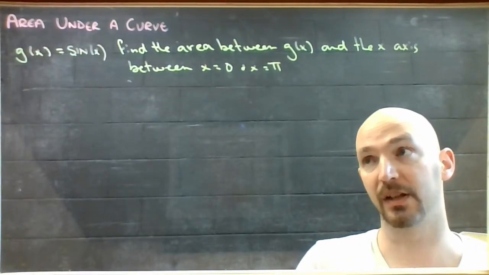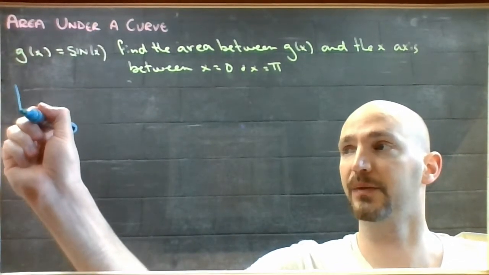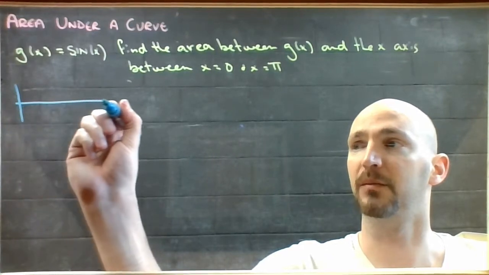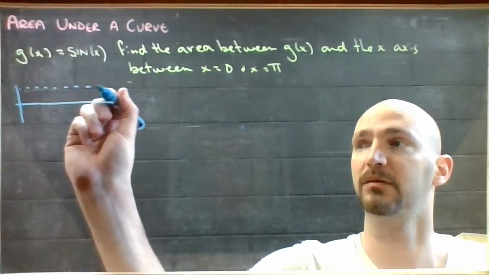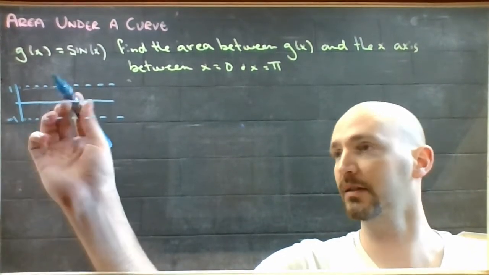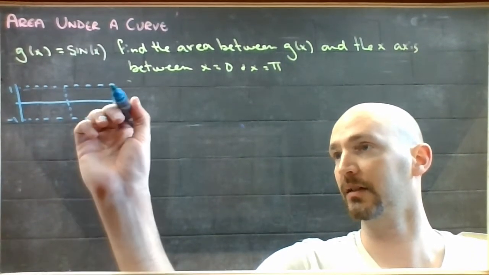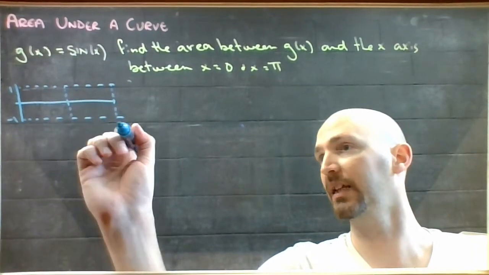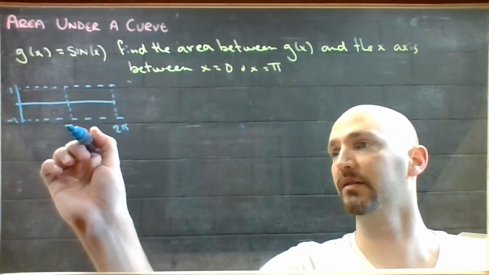So to sketch this one, sine curves go as high as 1, and they go as low as -1, and they repeat every 2 pi units.